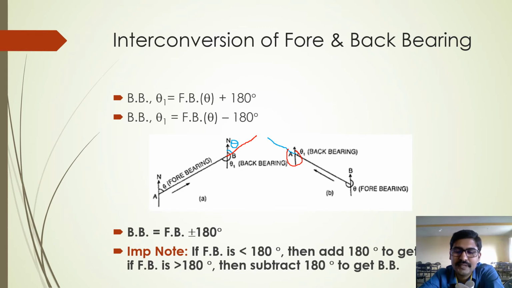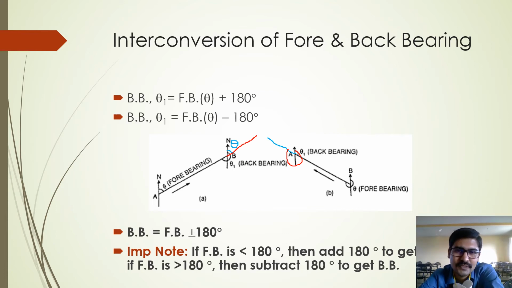This is how you get your fore bearings and back bearings, one from the other. In a similar way, if you know the back bearing of the line, you can still get the fore bearing of the line. In such a case, the fore bearing will be equal to the back bearing plus or minus 180 degrees. Same way, no difference at all.